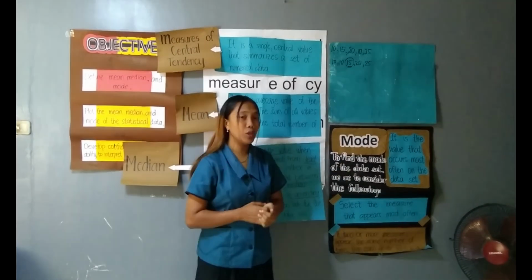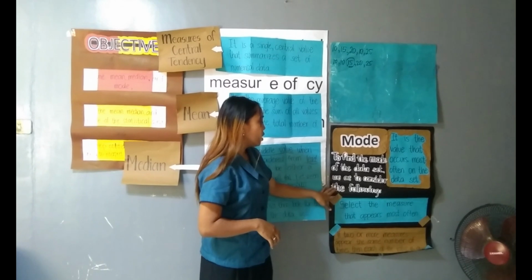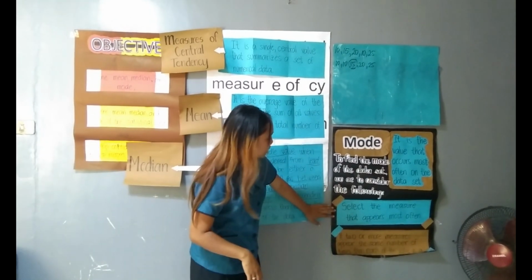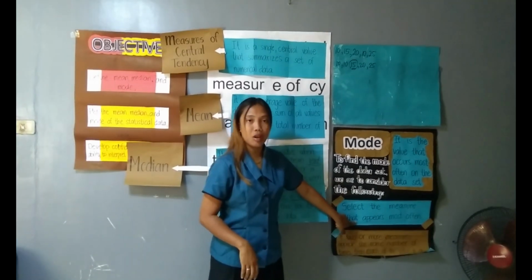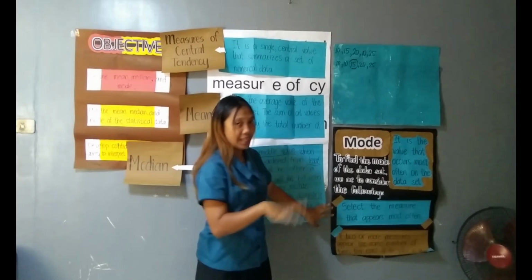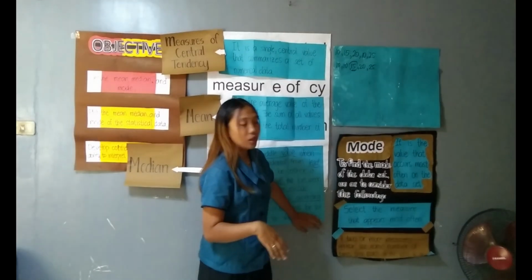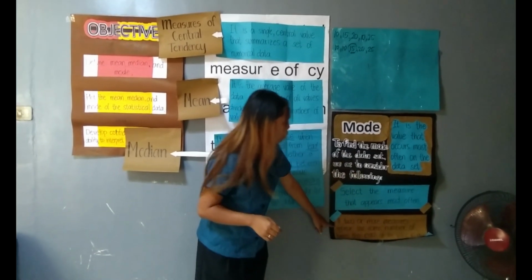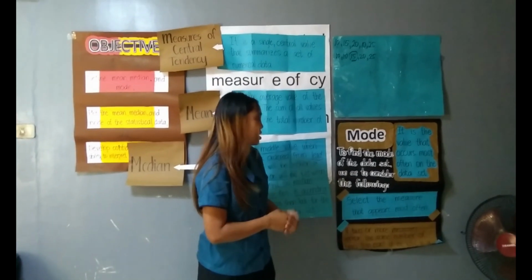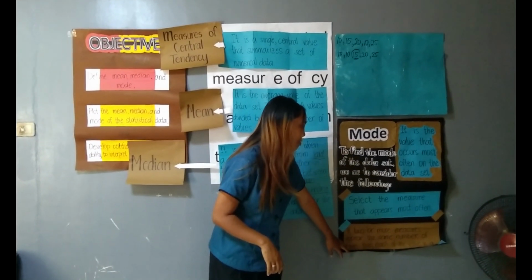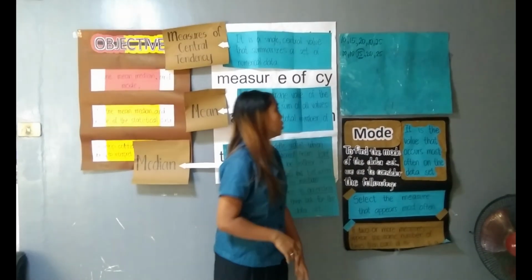To find the mode of the data set, we are to consider the following. First, select the measure that appears most often. Pilion nato tong mga number nga nagbalik-balik or makita na to kasagaran. Then, if two or more measures appear the same number of times, then each of the values is a mode.